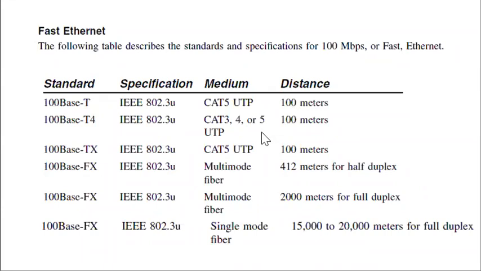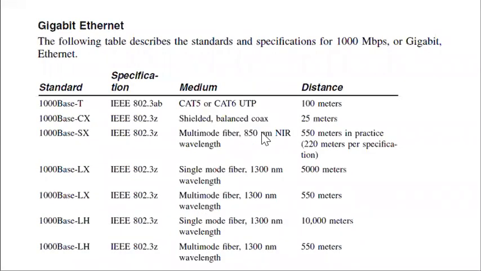Okay, then you have gigabit Ethernet, which is 1000 Mbps. The speed is 1000 Mbps, or it is also known as 1 gigabit, or gigabit Ethernet. Again here 1000 if it is gigabit Ethernet, okay. Then for the UTP cable, right, distance traveled is 100 meters, okay.